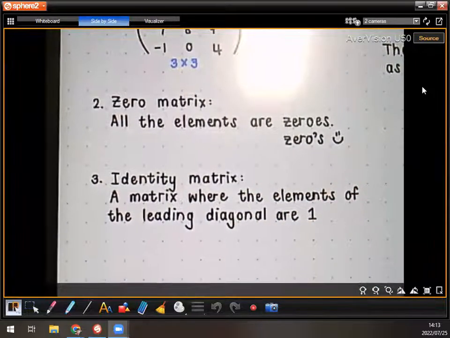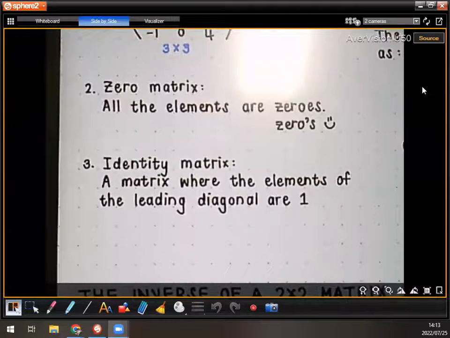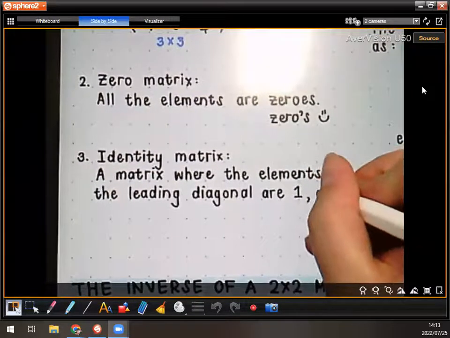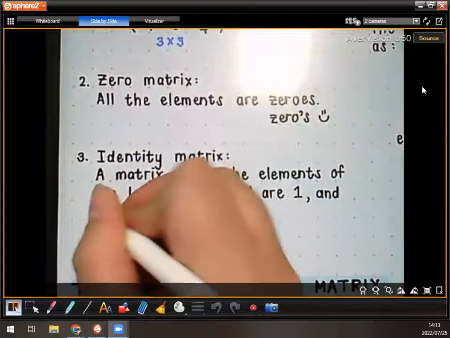All those elements are 1. And all other elements are 0.